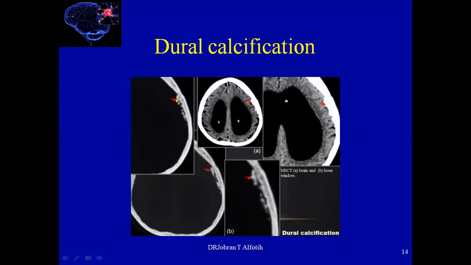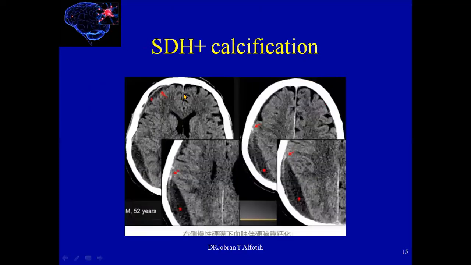Here also a dural calcification, another dural calcification here, as we see also here in this patient. Subdural hematoma, chronic type, as we see in this picture, a calcified membrane in the subdural hematoma. Here in this area there is a calcification also.